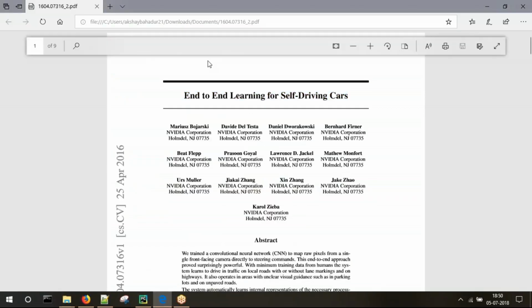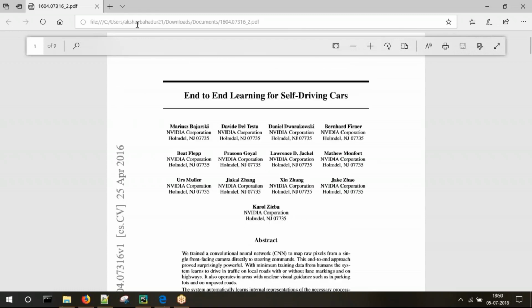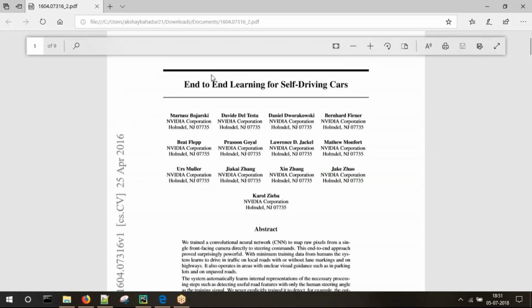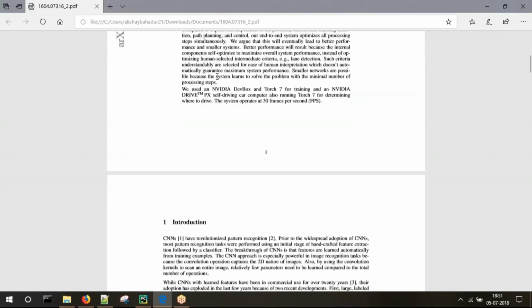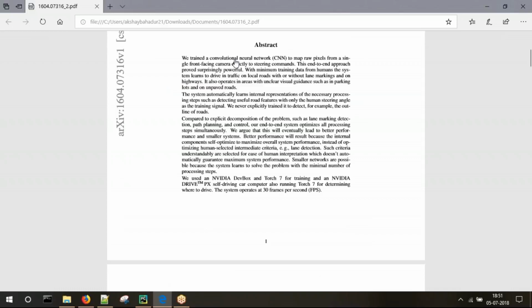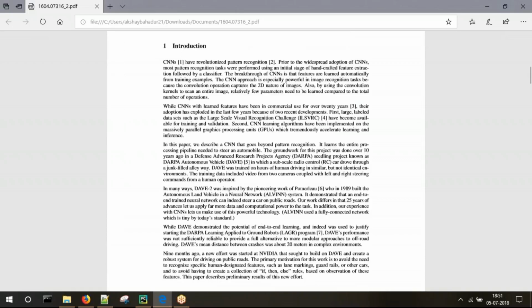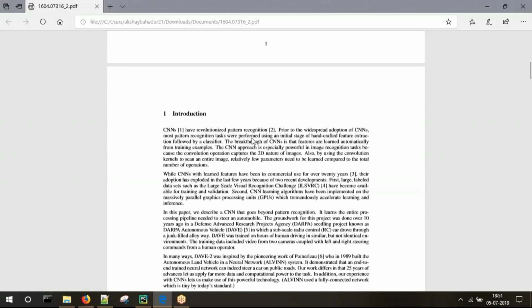Also, this is the research paper that I was talking about, on end-to-end learning for self-driving cars. This was downloaded from the repository that I was referring to, arxiv.org, and it was mainly done by people at NVIDIA, mostly working with CNNs. Even in the first line, they have mentioned that they have used CNNs to map raw pixels from a single camera.